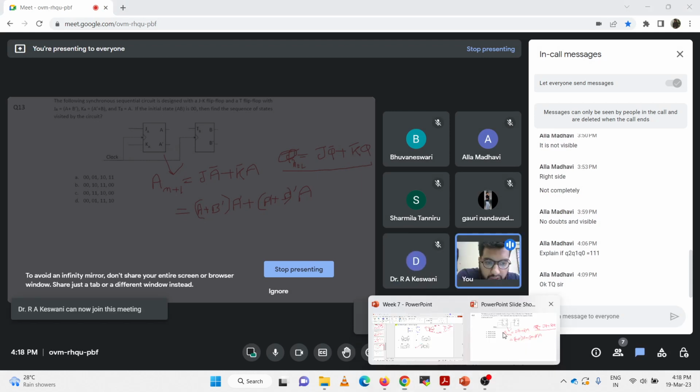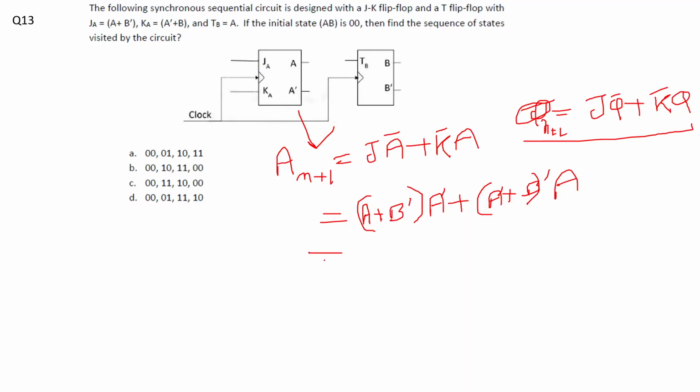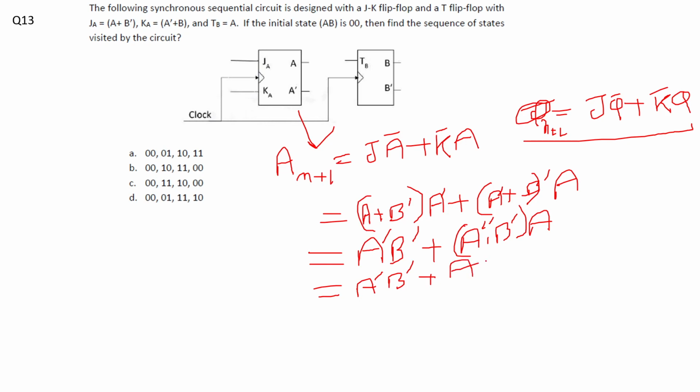So we are doing this. Now A plus A complement, so A AND A complement is 0, so it will be A complement B complement plus A complement plus B whole complement, which is A complement AND B complement, and then we have A. So this is equal to A complement B complement plus A B complement.